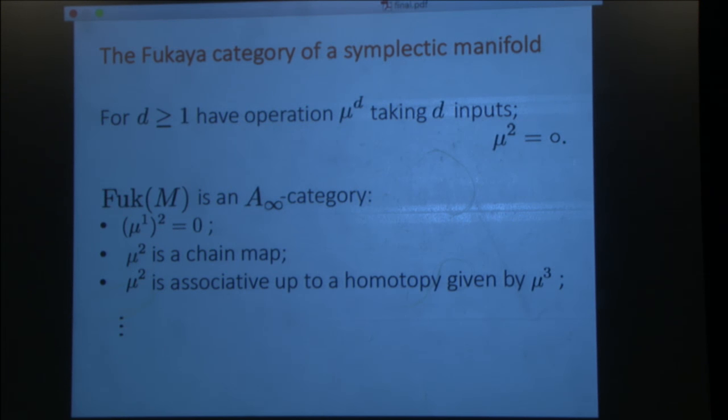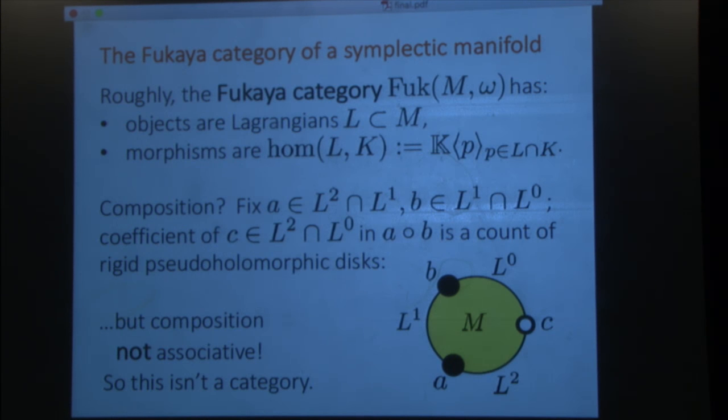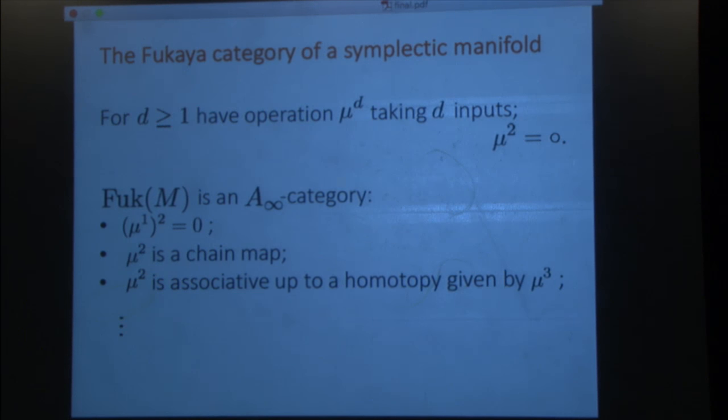In fact, these mu d's are given in exactly the same way as composition, except that instead of looking at thrice punctured disks, we'll look at d+1 punctured disks. So that means that the Fukaya category is an A infinity category.